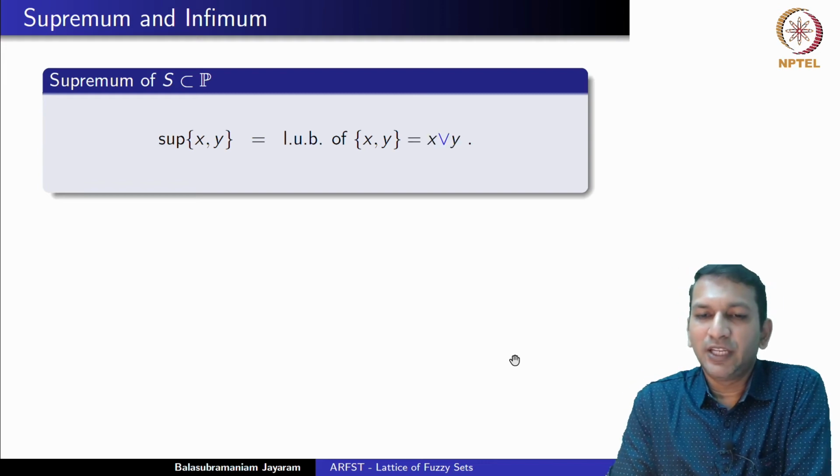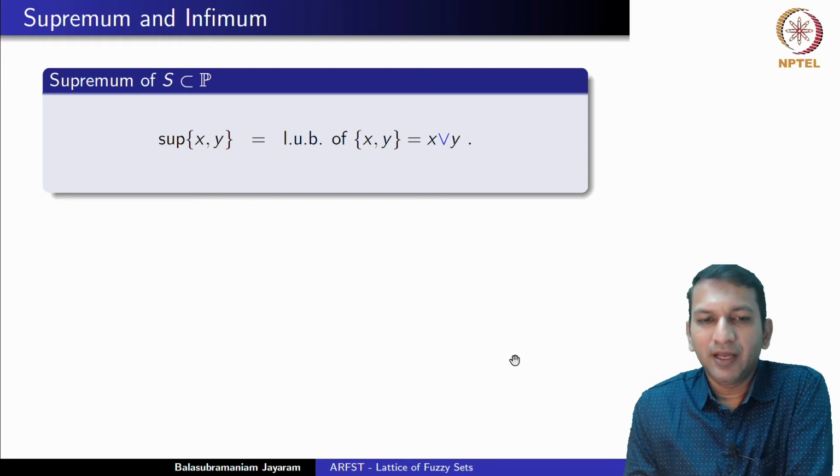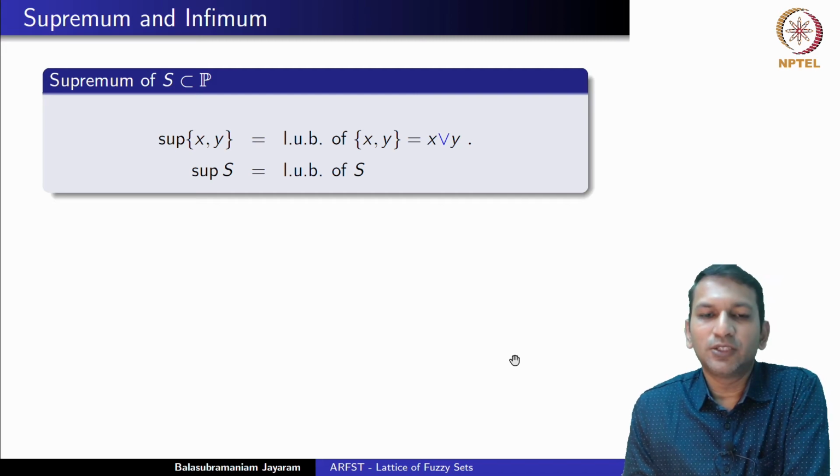Typically, it is denoted by this symbol which we call the join. So when we say x join y, we understand it as the supremum of x, y. Now if you have a set S, then the supremum of S is nothing but the least upper bound of S. It is also denoted like this, and it is simply read as join of S.